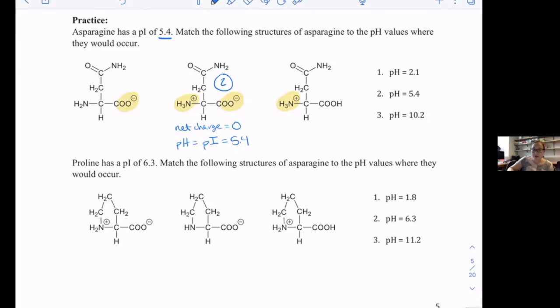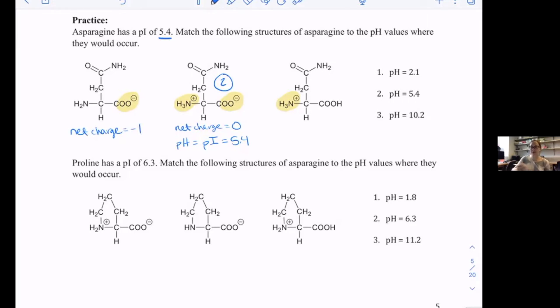Okay, so now we need to figure out which one is in a basic solution and which one's in acidic solution. So let's look at the first molecule. The overall net charge is -1.